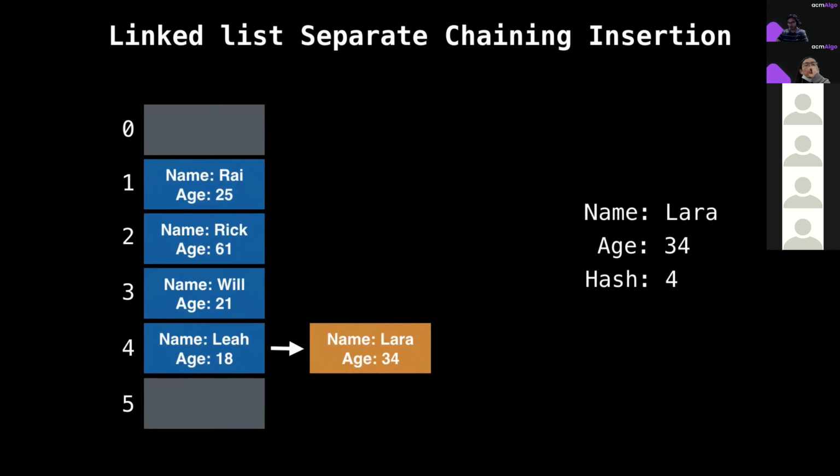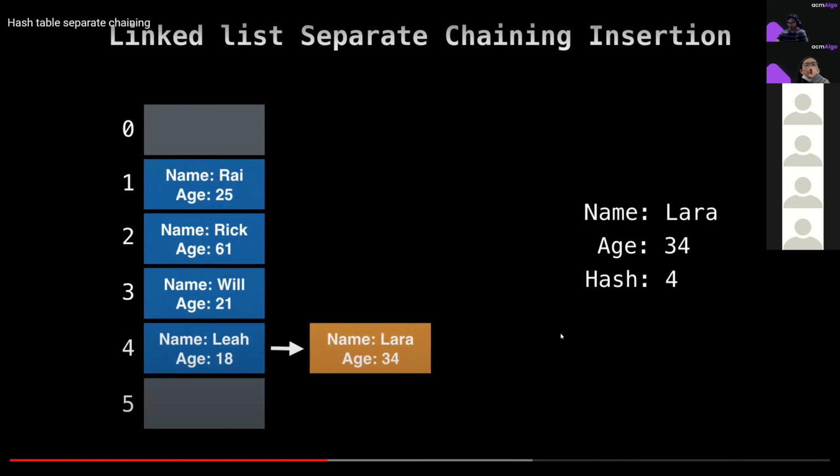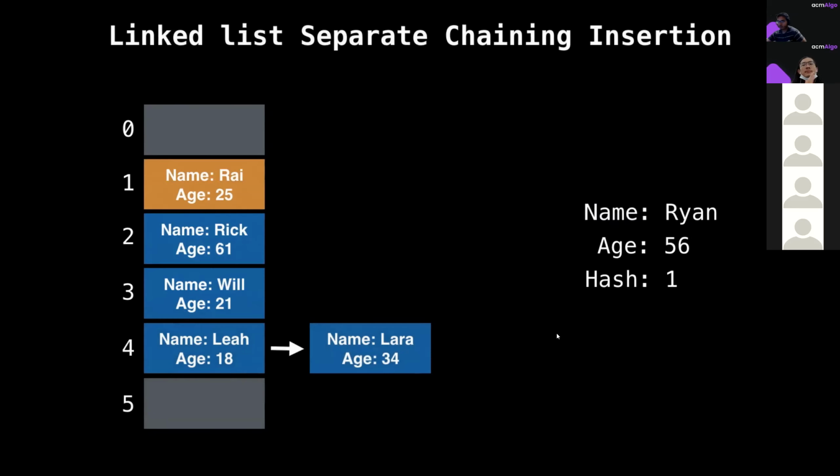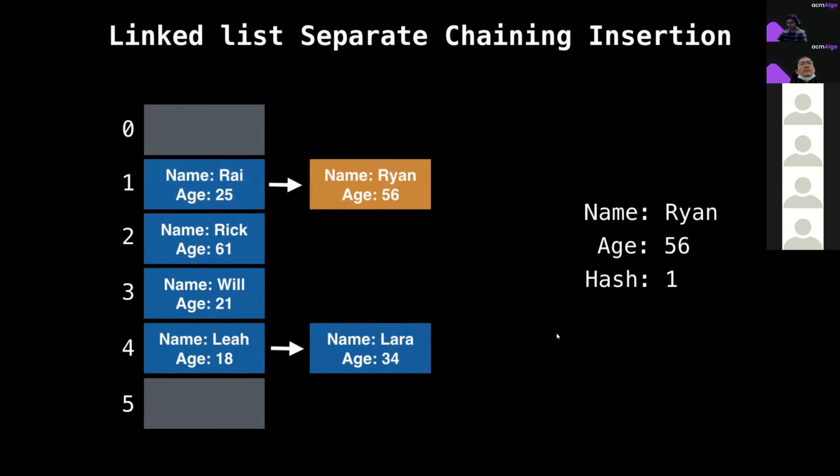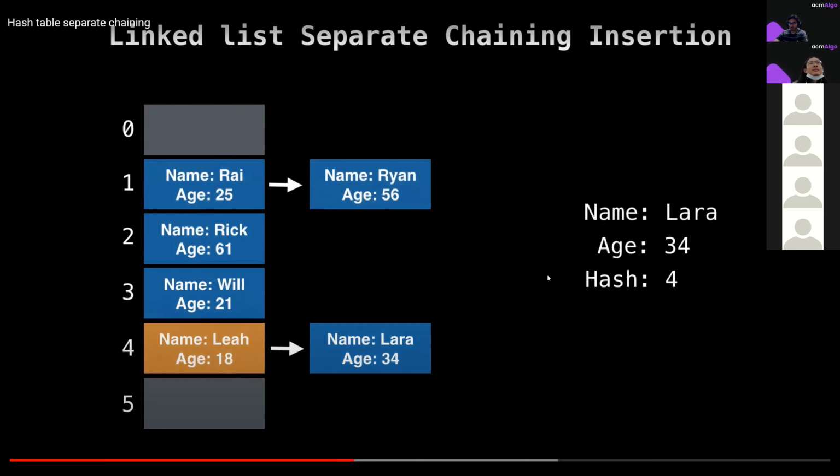So we're going to scan through the linked list and see if Lara exists, and if Lara does not exist, then we're going to add Lara at the very end of the chain. Ryan also hashed to 1, but then we look and Ryan is not equal to Ray, so we need to add a new entry at position 1. Okay, I think that's Lara, good.